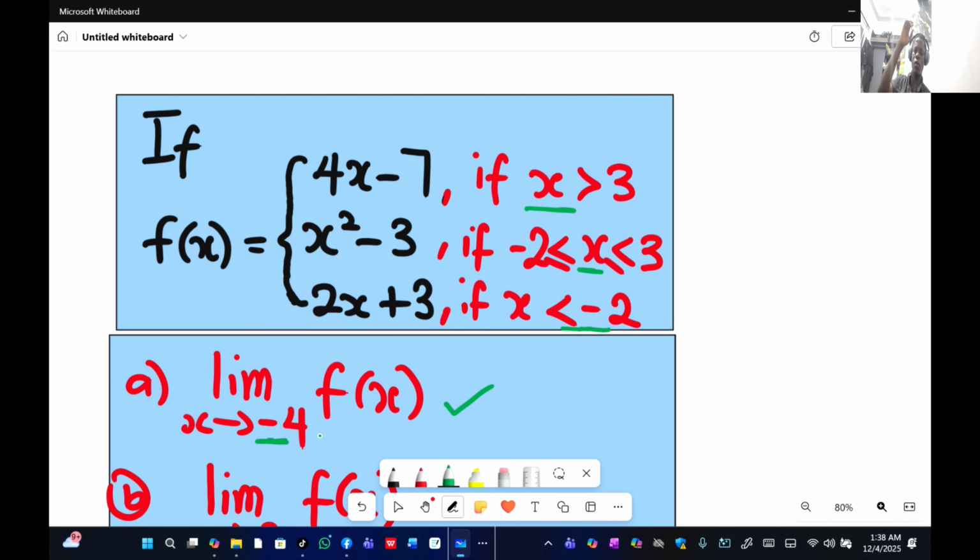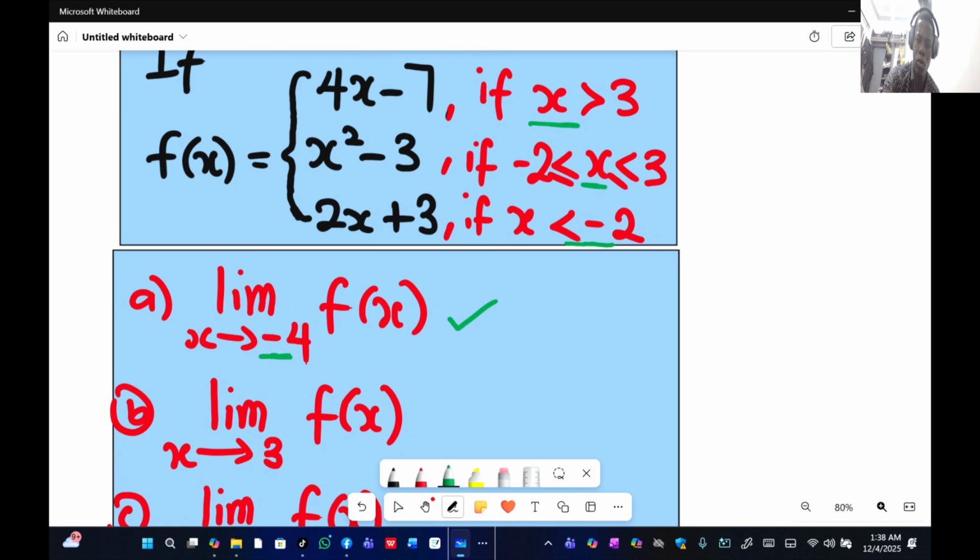The first condition says that x is greater than 3, so the number should be more than 3, and it's not going to satisfy the first part of the function. Let us move to the second one, which says that x is greater than or equal to negative 2 but less than or equal to 3. Since x is less than or equal to 3, we'll go with this one.